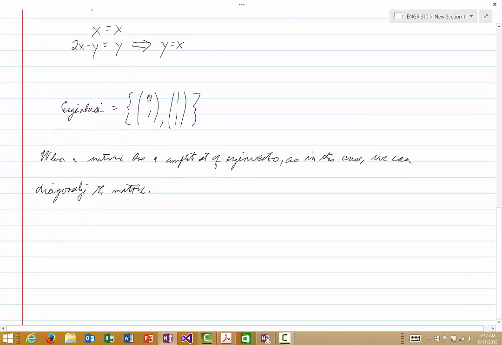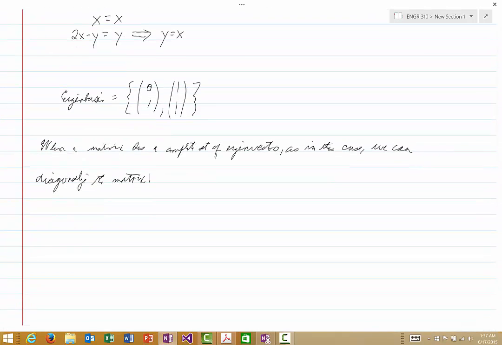And to see what that means, we will introduce a new matrix P, which is a matrix whose columns are the eigenvectors of A. So we have 0, 1, 1, 1.